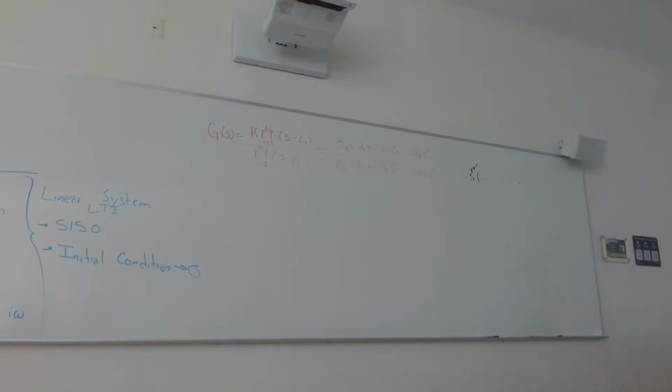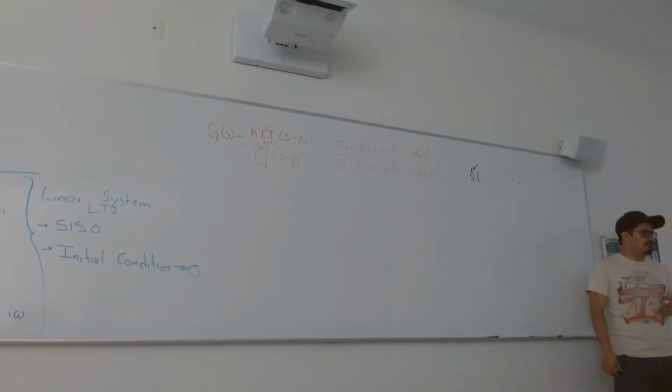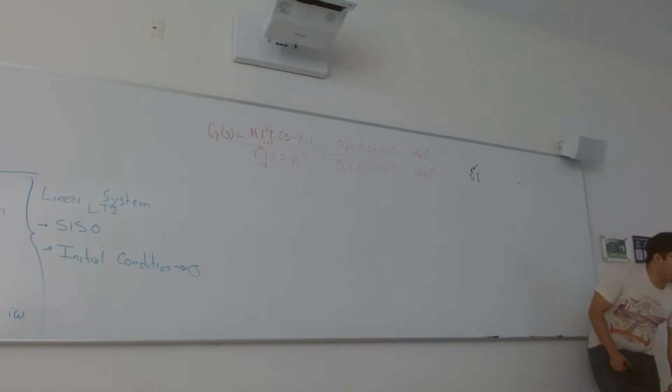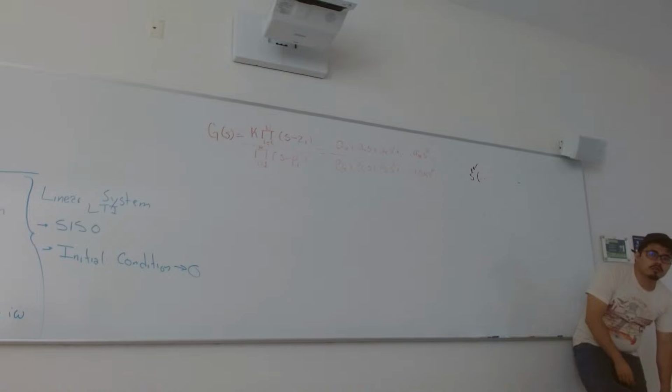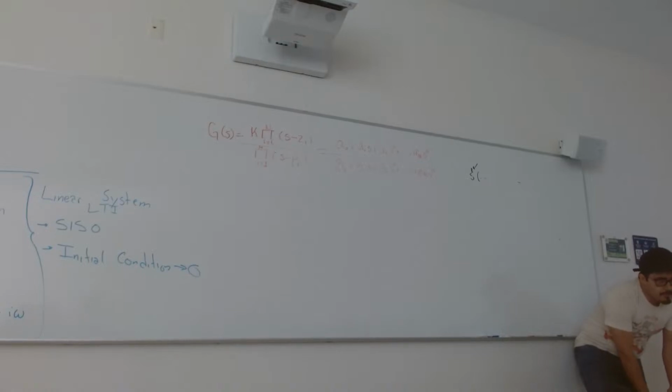A type 1 system has one natural integrator. A type 2 system has two natural integrators. That's the idea, but this is more general. And what's the difference between an integrator and a natural one? Mathematically it's the same, but the difference is that the system already has it.